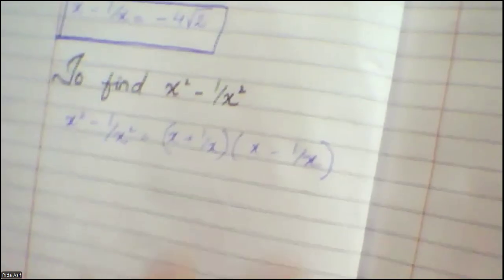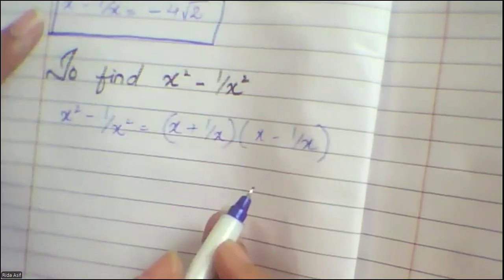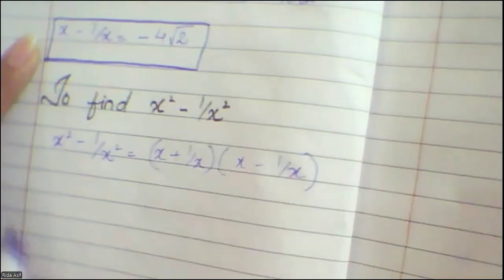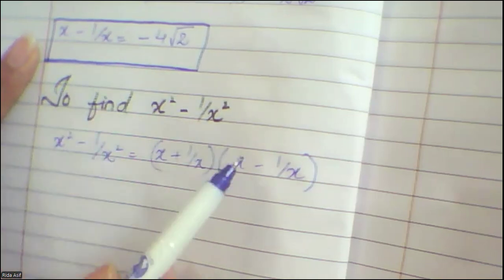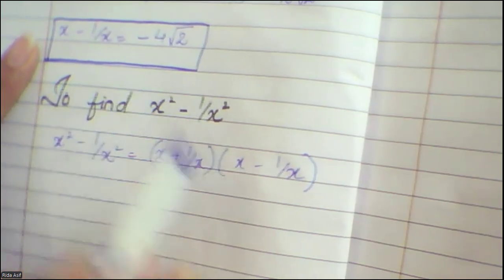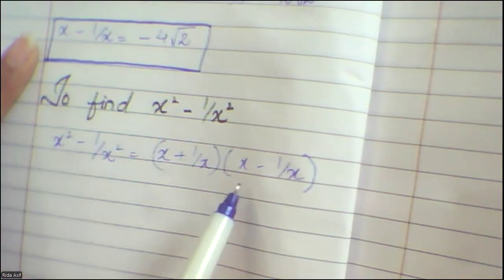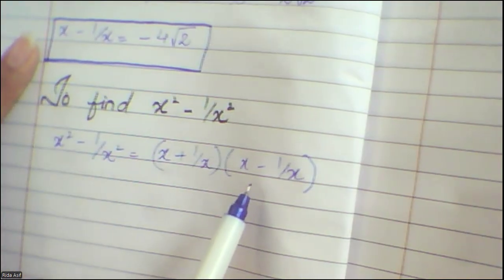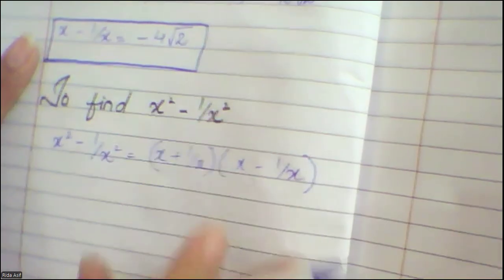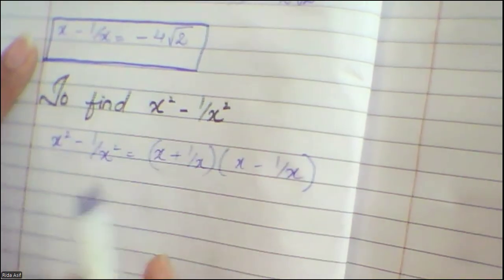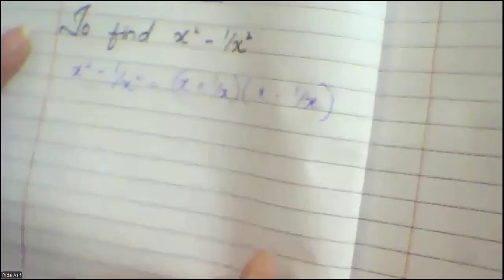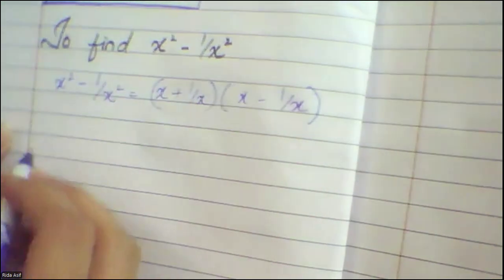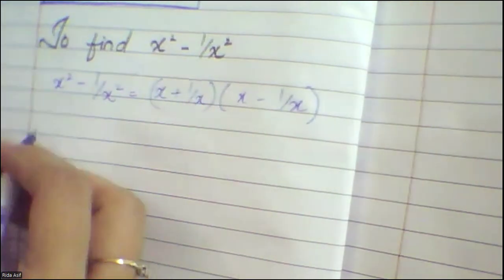So, students, as you can see, we have already found x minus 1 upon x. We can just put the value of x minus 1 upon x over here in this equation. But what about x plus 1 upon x? Is it difficult to find x plus 1 upon x? No, simply not. How can we find x plus 1 upon x?